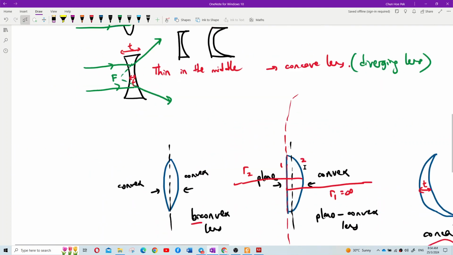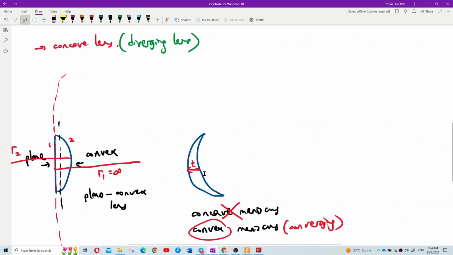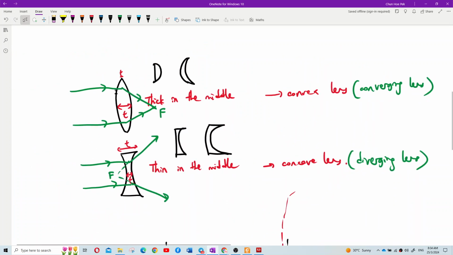Just look at the shape. This is thicker at the center. So all these converging lenses, either biconvex, plano convex, or convex meniscus, because they are converging lenses, all their focal lengths f are positive values, because they can focus light.